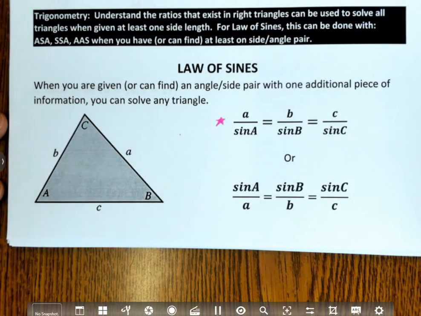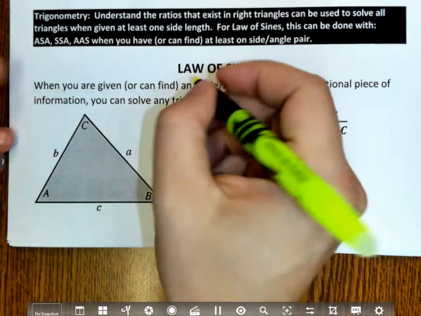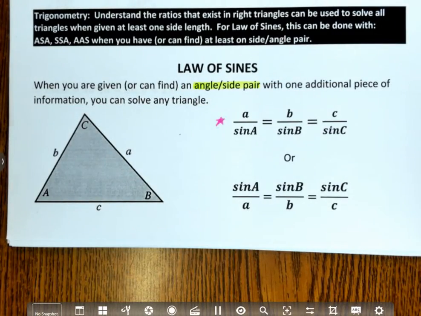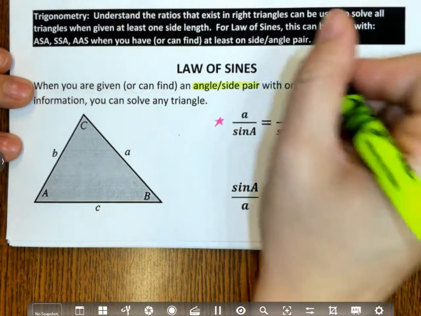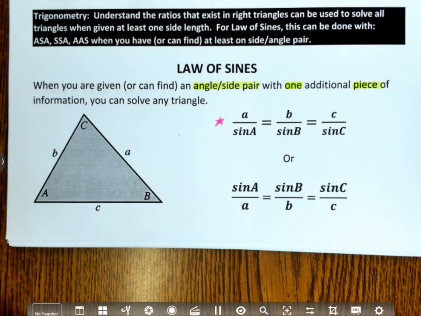Basically what this says is that specifically when you are given an angle side pair and one other piece, whether it's another angle or another side, you can solve any triangle, be they right triangles or not.